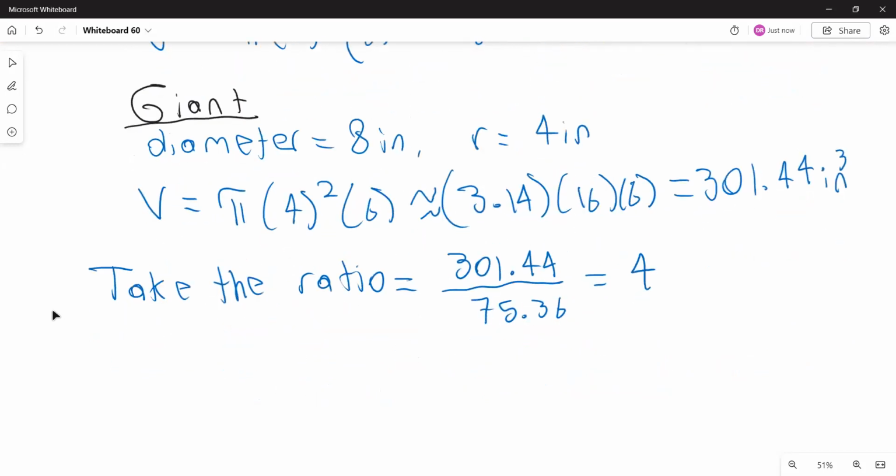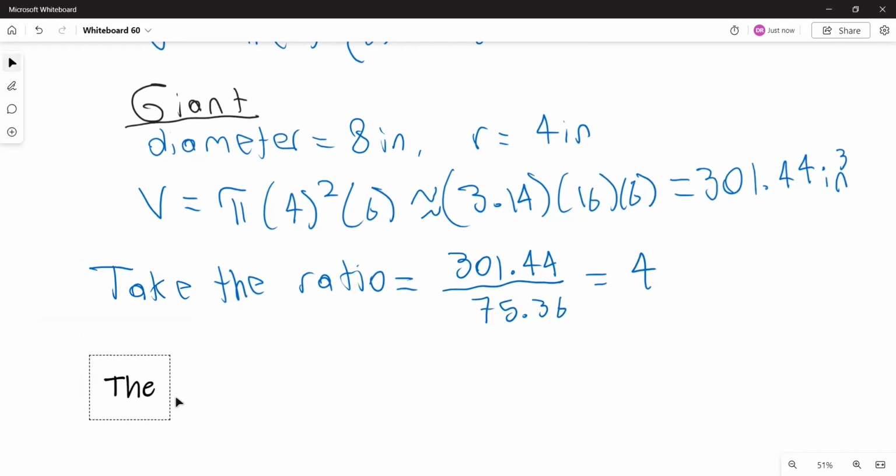And with that in mind, the volume of the giant can is 4 times the volume of the standard economy size, but costs 3 times as much. So that one is going to be the better deal. Let's type this. The giant economy size can is the better deal.